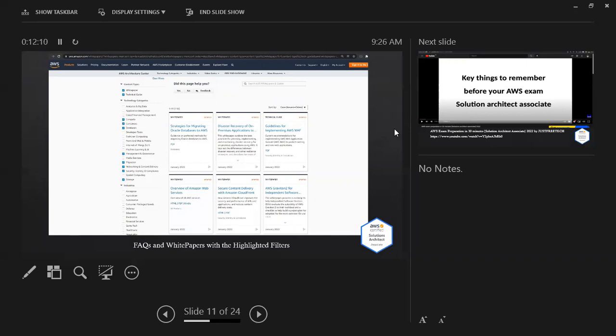You want to streamline the content to services that are related to the exam, which are compute, containers, database, management and governance, migration, networking and content delivery, security, identity and compliance, then storage. So you have to filter this, and you don't necessarily have to read everything.